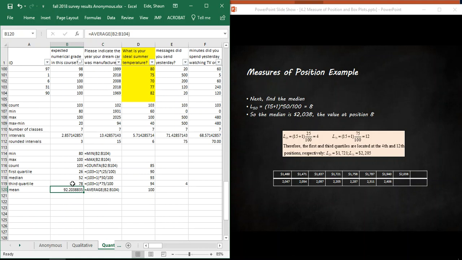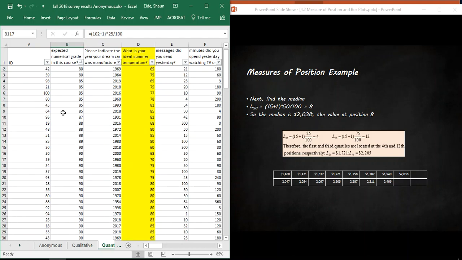Now, what happens if, for instance, you only have 102 observations? Okay, 102 observations, and that gives you 25.75.